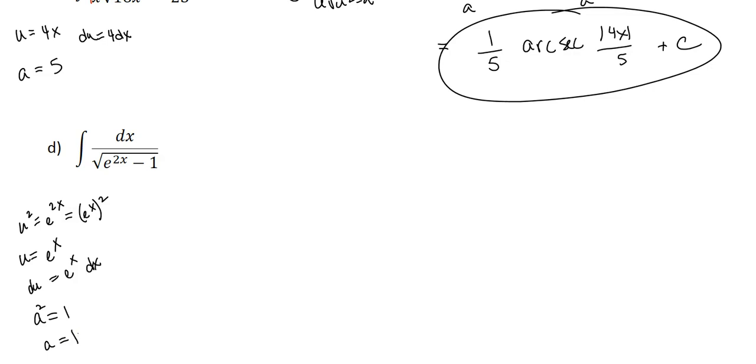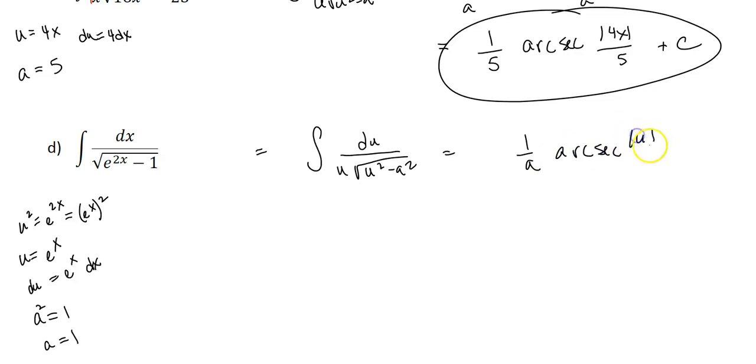Now, I have u squared first here. So if u squared is first, this has to be eventually of the form du over u times the square root of u squared minus a squared, which we know is going to end up being 1 over a times the arcsecant of the absolute value of u over a plus c.